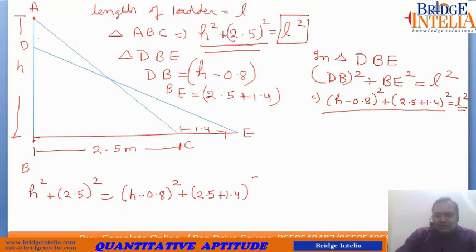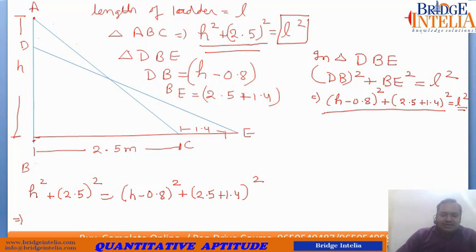That's why I told you to leave it as it is, because there are chances that terms like 2.5 whole square will get cancelled. Had you added them, the cancellation wouldn't have taken place. So now let's cancel the terms.